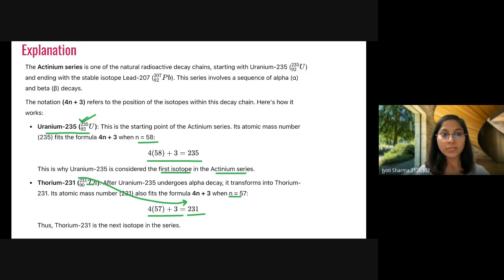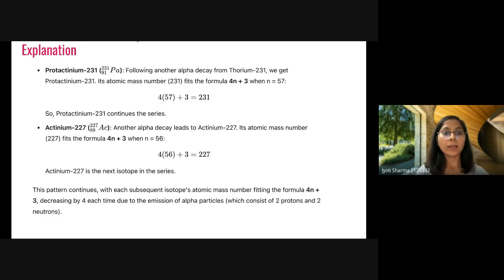So this is how the actinium series is nothing but 4n plus 3. And if you have another element with n equal to 56, then again this gives you 227, and this 227 is the atomic mass or mass number.